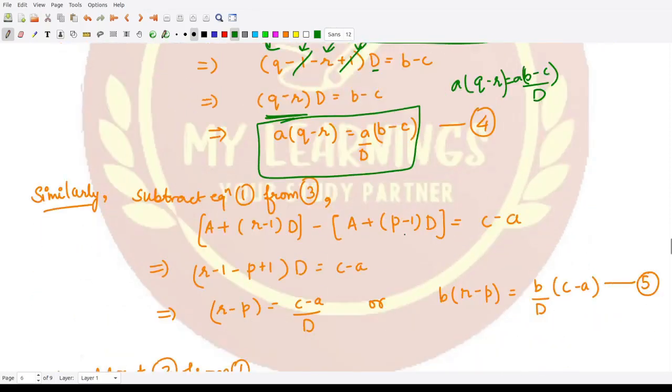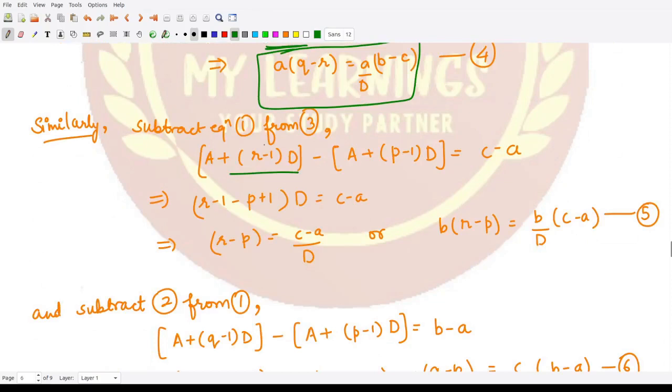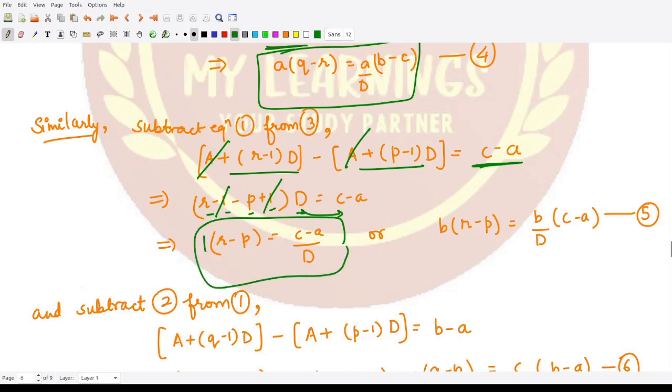Similarly, we can subtract equation 1 from 3, so that the left hand side is subtracted and the right hand side separately. Again, this A and A get cancelled. You can combine the D term, so r minus 1 minus p plus 1, this 1 and 1 get cancelled. You can shift this D to the right hand side, and because we want b with this term, you can multiply with b on both sides.